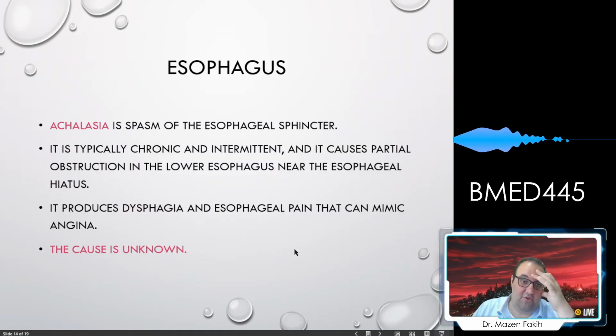Now, we go to the esophagus and the problems that may happen with the esophagus. The first one is لما يكون عندنا spasm للesophageal sphincter بيصير عندنا شيء اسمه achalasia.